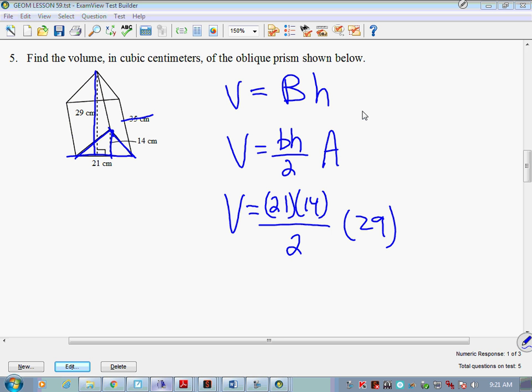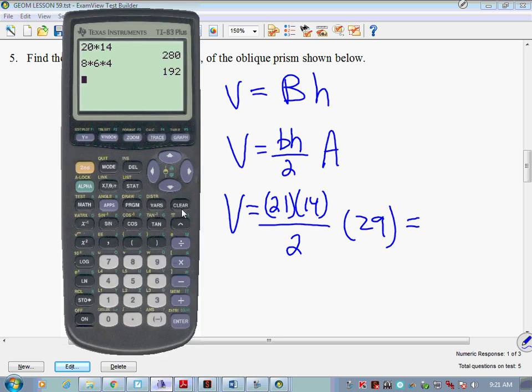So after we plug this in, we'll find the area of our base polygon first. So let's come over here and do that. We've got 21 times 14 divided by 2 times 29.